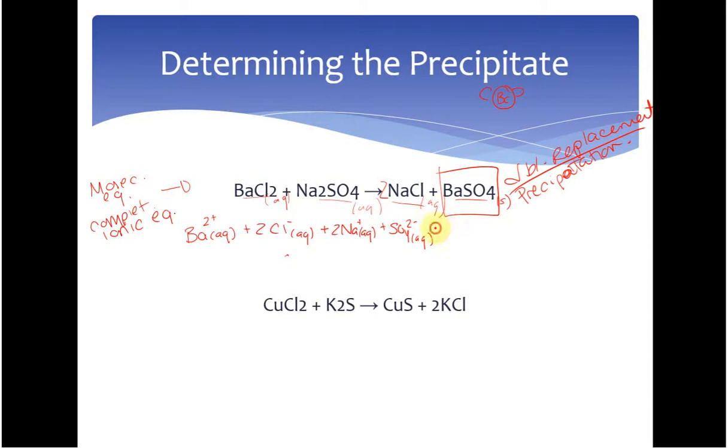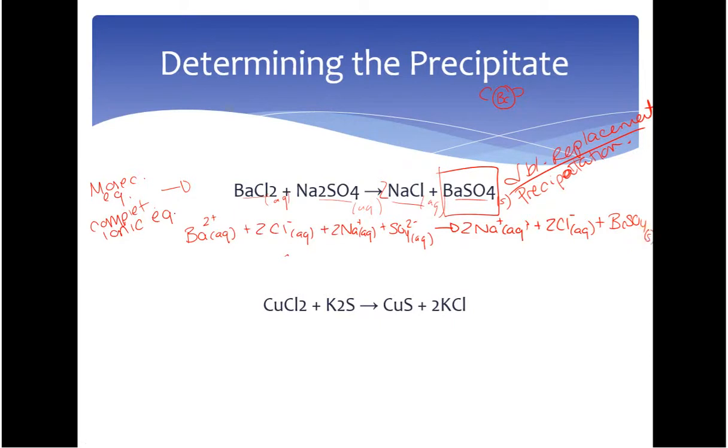Ideally my arrows would line up, but that's life for right now. On this side we have 2 Na ions because it's aqueous, and 2 chloride ions. Anytime you have a solid, liquid, or gas, it stays together as a molecule. So we also have barium sulfate, solid, floating around.